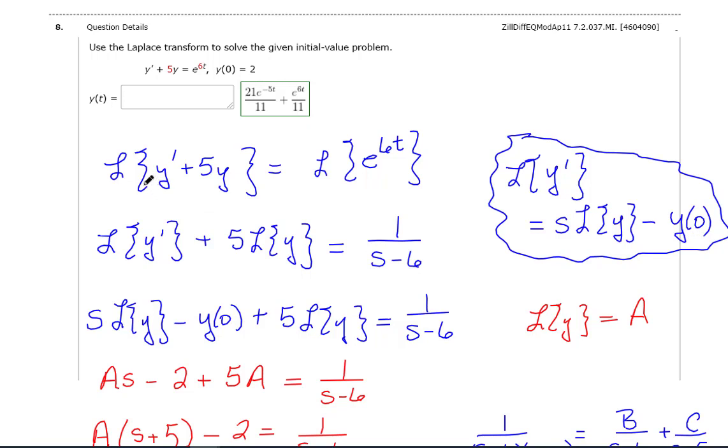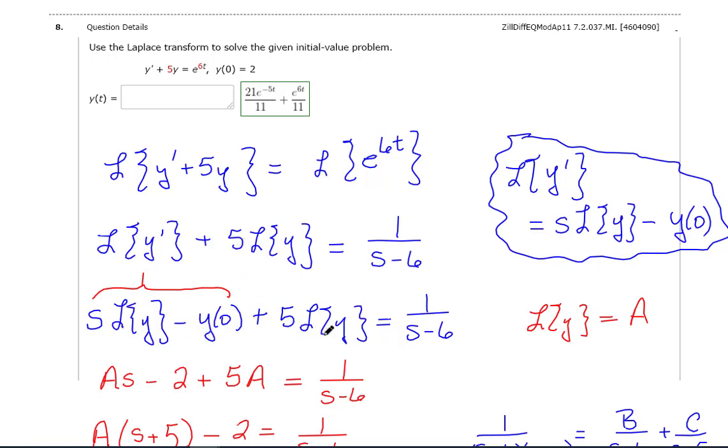So my Laplace transform of the sum goes to each piece. The Laplace transform of e to the 6t is 1 over s minus 6. This piece, the Laplace transform of y prime, is this.